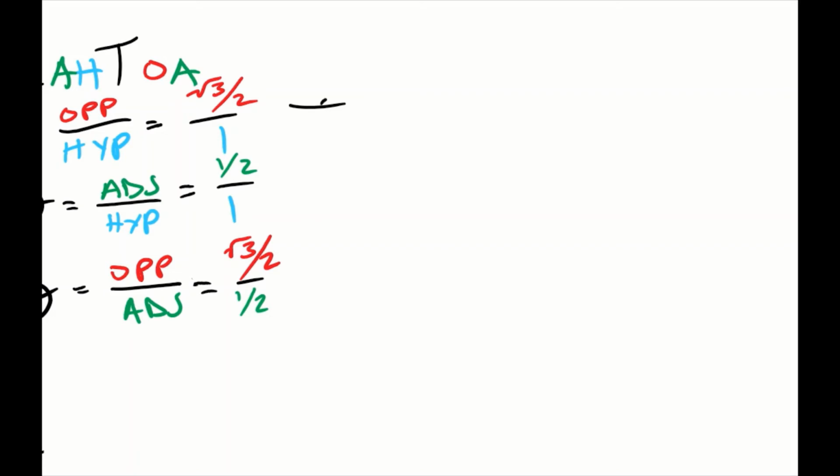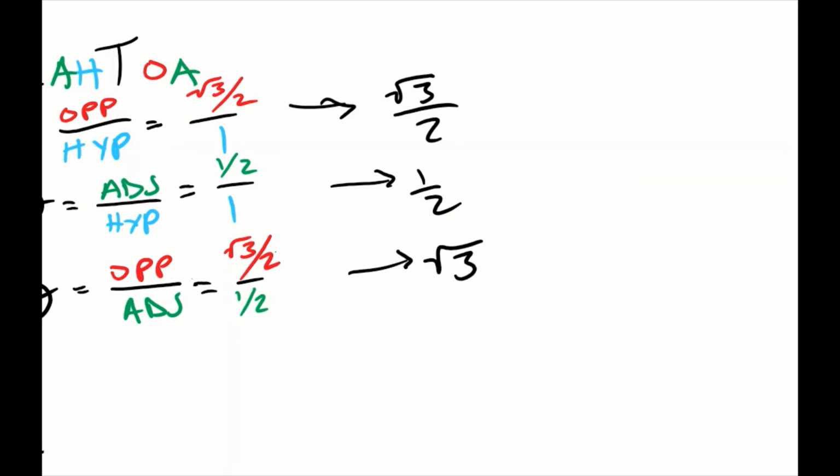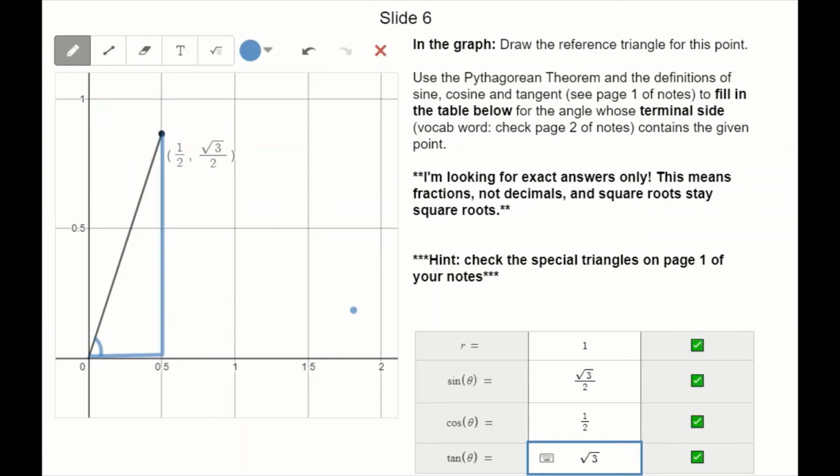Root 3 over 2 over 1, that's just root 3 over 2. 1/2 over 1, that's just 1/2. And then root 3 over 2 over 1/2 is the same as root 3 over 2 times 2, which is root 3. And so those are going to be our answers for this one. So let's go plug those in. And it looks like they all check out.